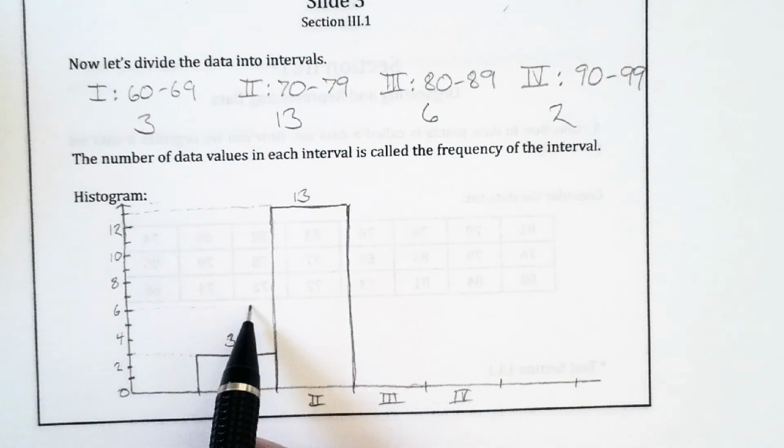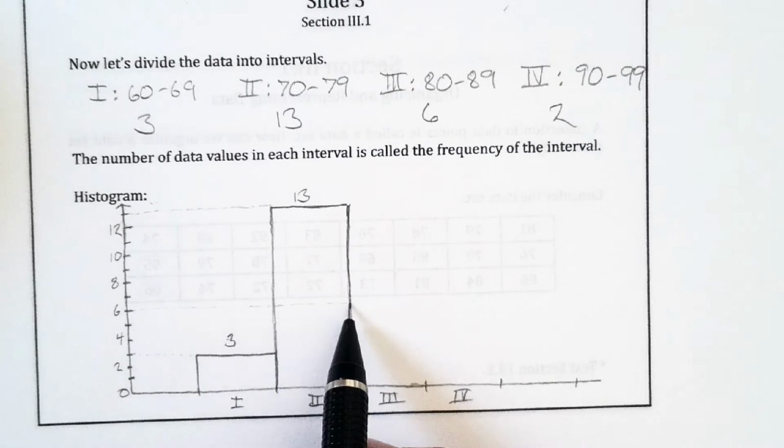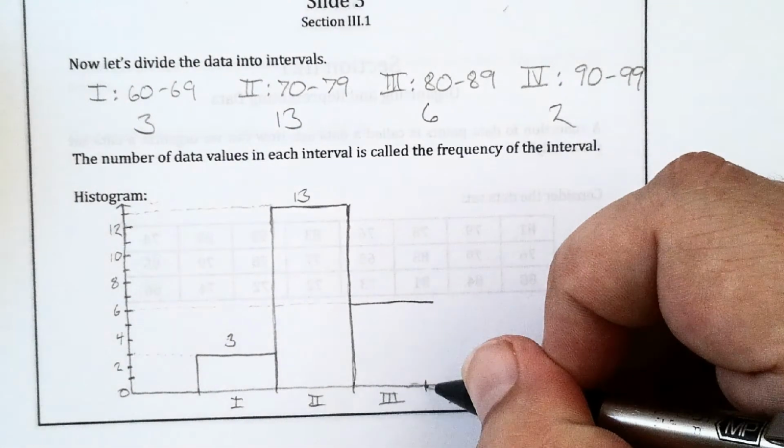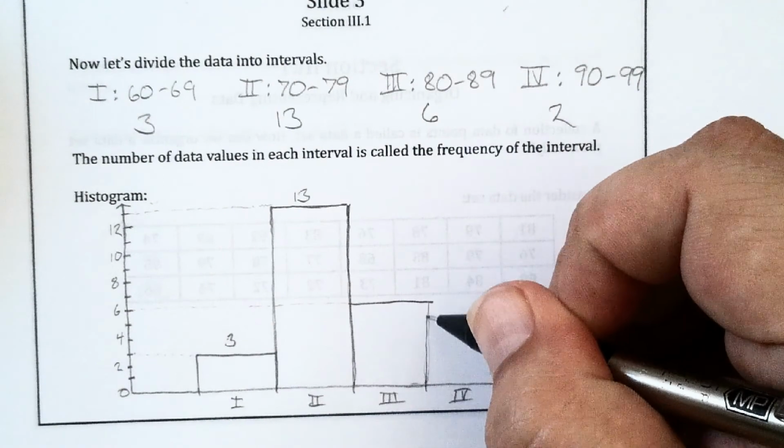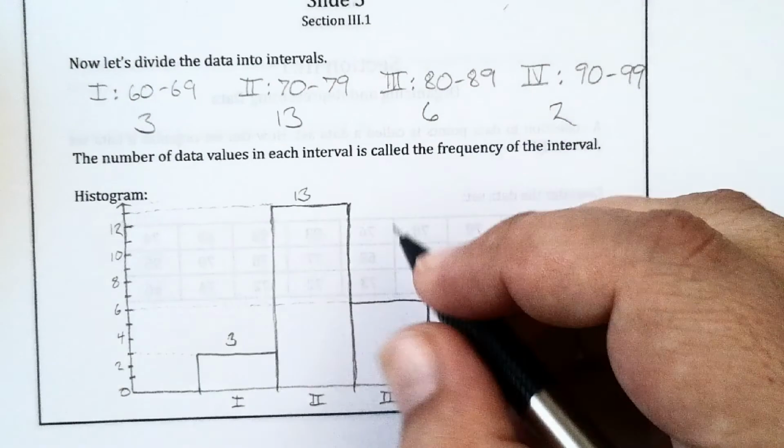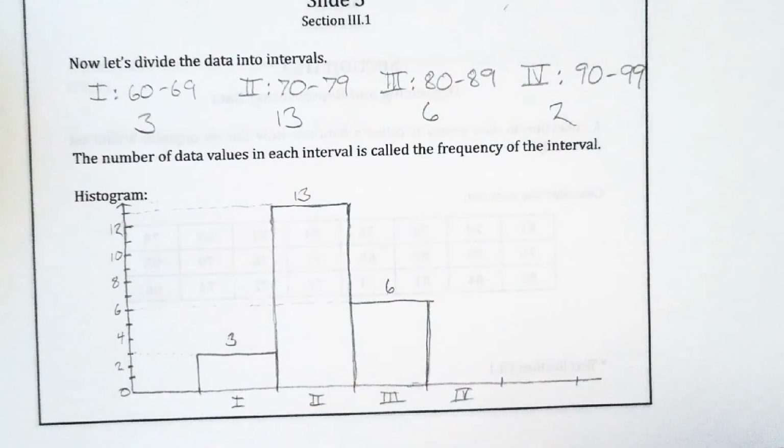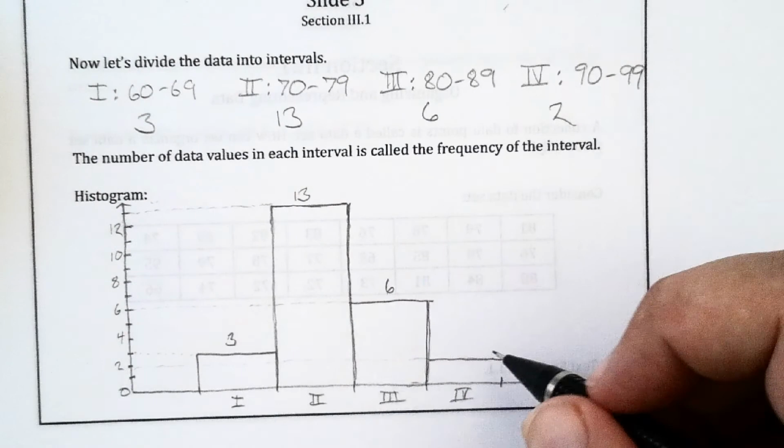Interval 3 has a frequency of 6. Interval 4 has a frequency of 2. And this is the histogram.